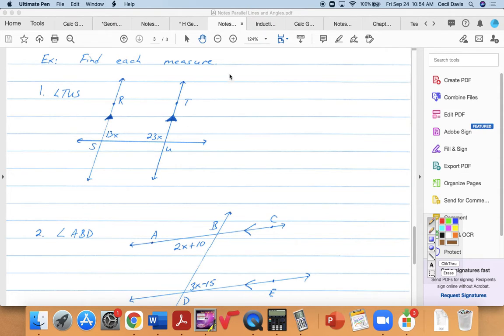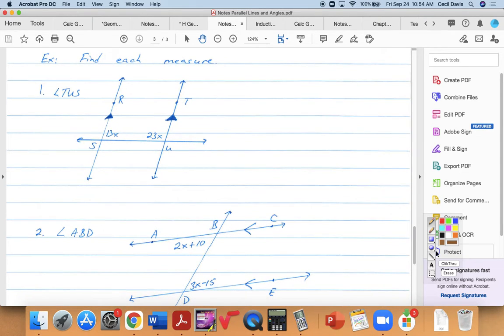They're supplementary. So on some of the problems on tonight's assignment, it's going to ask you to justify what you're doing. You just write out the name of the theorem. And you don't have to write the whole theorem. You can just write the name of it.